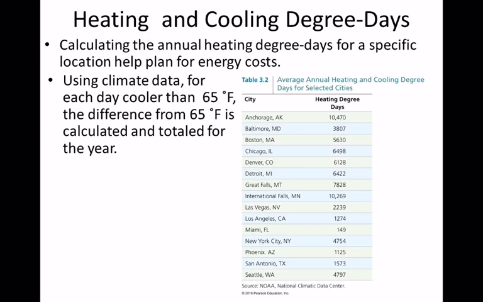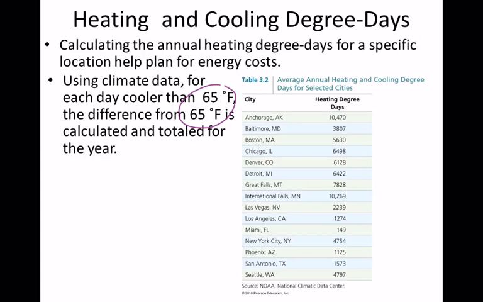I know there's a question about heating and cooling degree days, and I like this concept. I'm not so sure about the 65 degree Fahrenheit sort of thing, but basically what the heating and cooling degree day concept does is you set your thermostat in your house on a particular temperature.